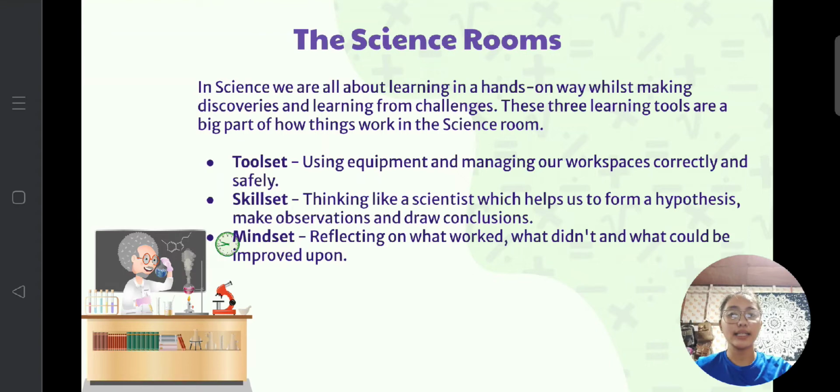Next, the skill set, thinking like a scientist, which helps us to form a hypothesis, make observations and draw conclusions. And then lastly, the mindset is reflecting on what worked, what didn't, and what could be improved upon.